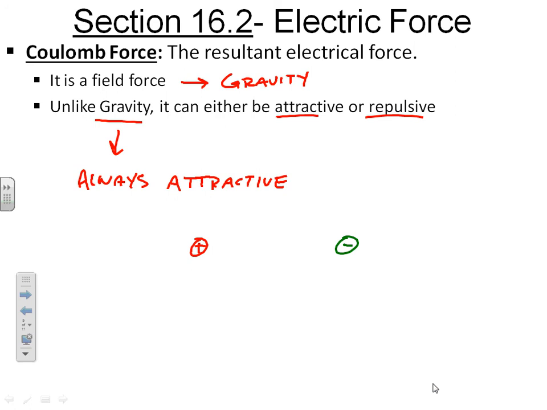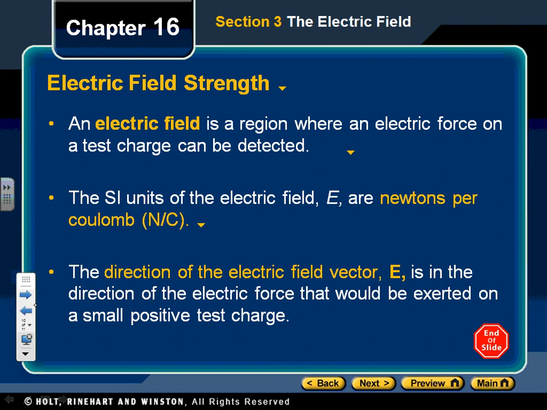Oh, excuse me, these are opposites, so they would want to go towards each other. If they were like charges, they would push each other apart, unlike gravity, which is always an attractive force.